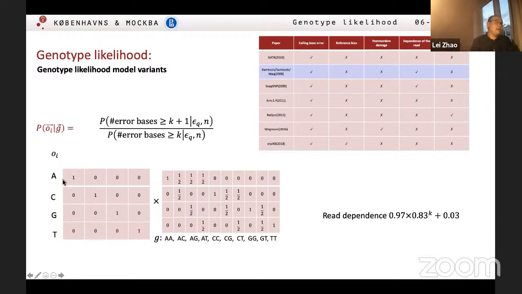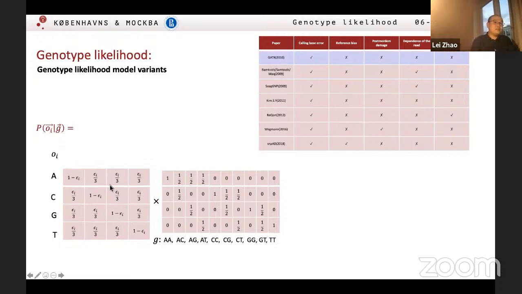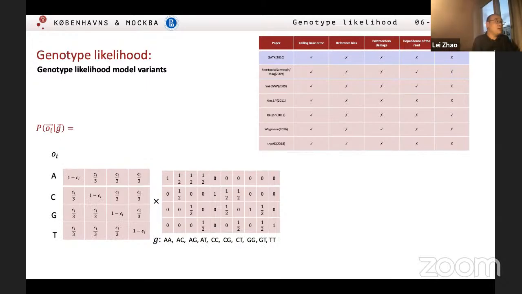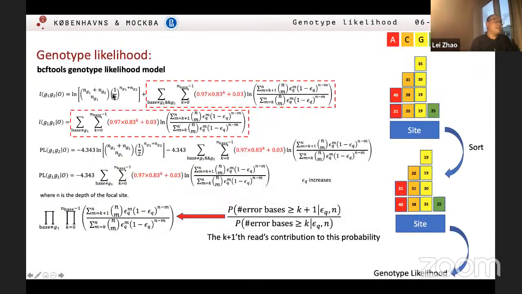And another thing is that they assume the error occurs, but the error will not affect the major and minor alleles. So there's no error for the major and minor allele. The error just comes after the major and minor allele. I can show you more clearly here. You get a half here, you don't have a half multiplied by some epsilon or minus some epsilon. So there will be no error at the major and minor allele there.